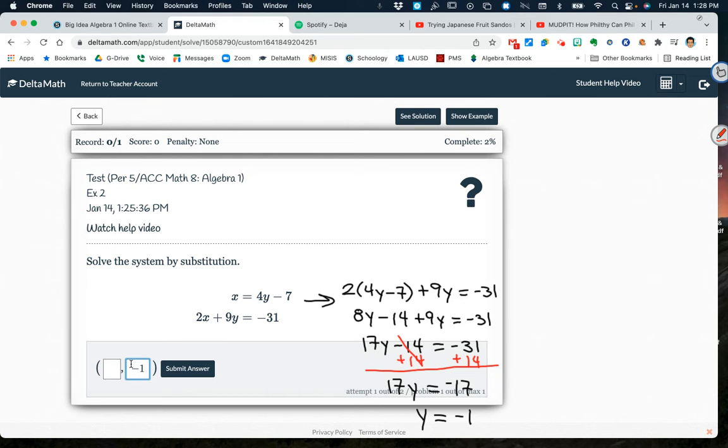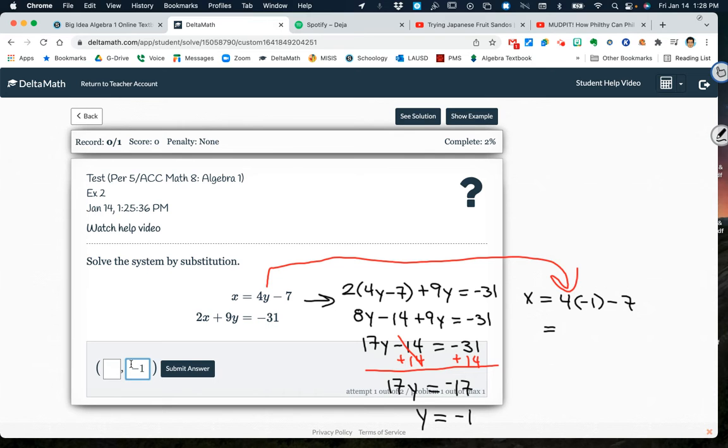Okay? And now we have to figure out what x is. So we're going to take that first equation we used to substitute with and replace negative 1 for y in that one. So let's say x equals 4 times negative 1, take away 7.